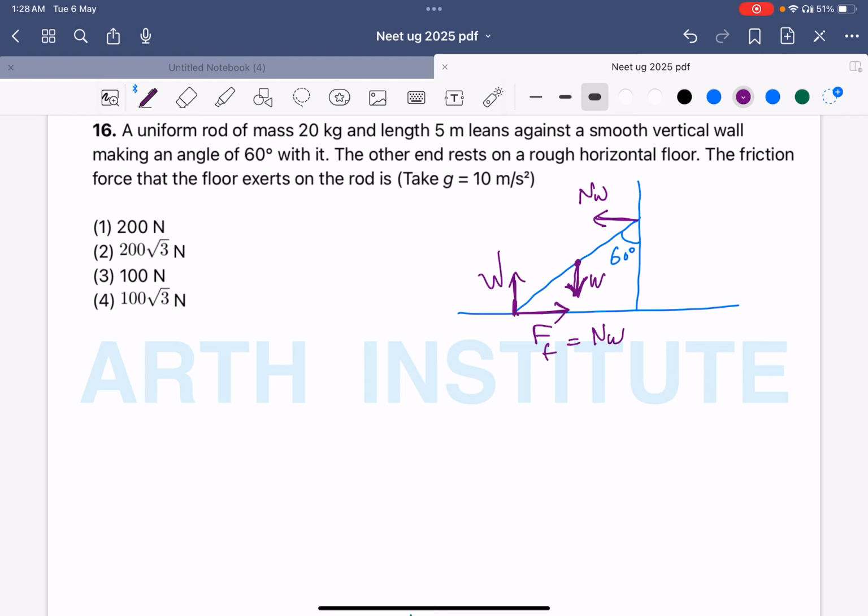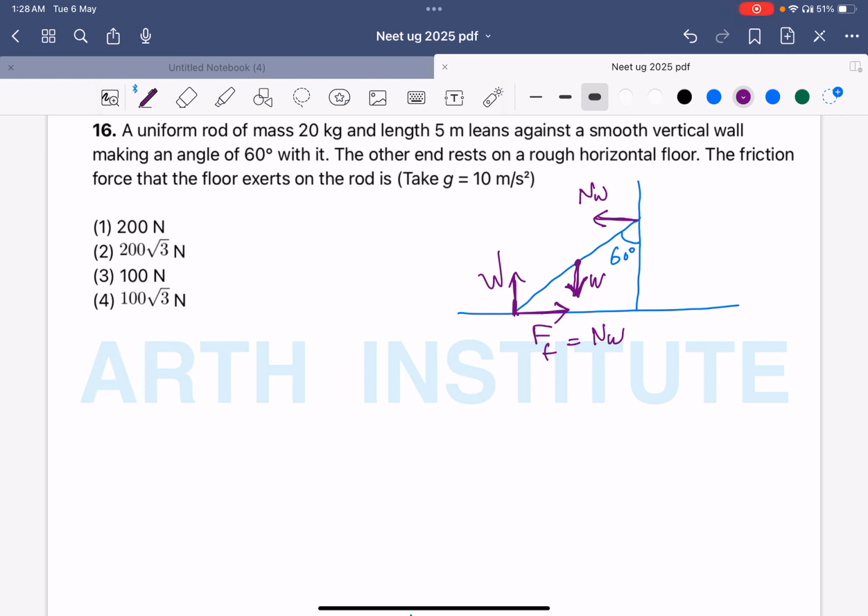Okay, now for the rotational equilibrium, this is the initial thing we had to talk about, the various forces which are acting on the rod, looking at that the rod is both in rotational equilibrium as well as in translational equilibrium.